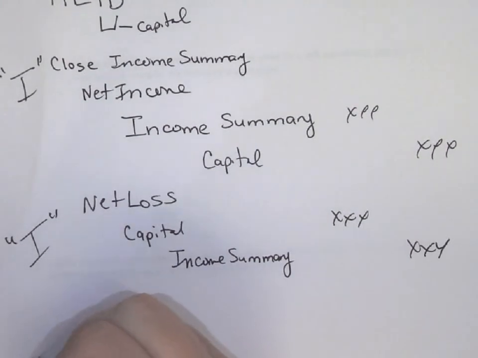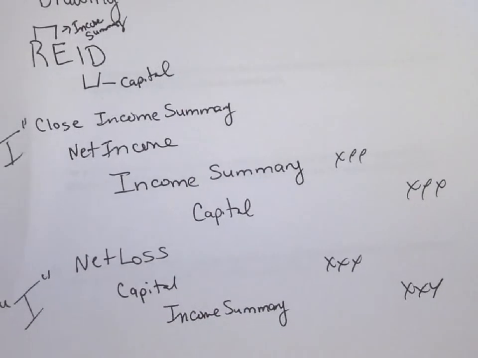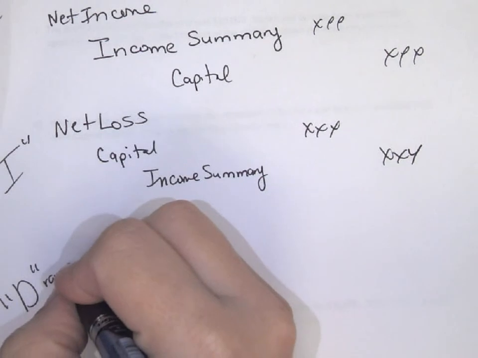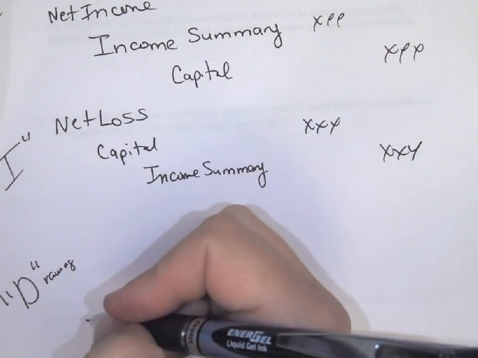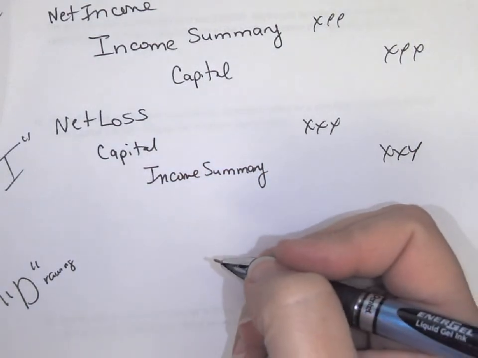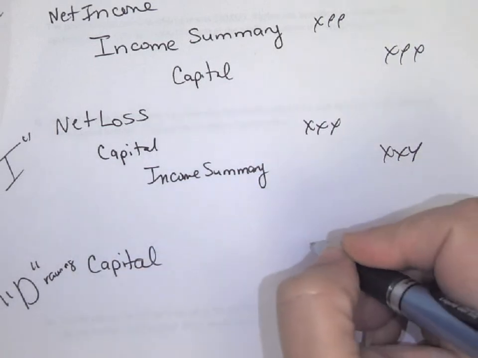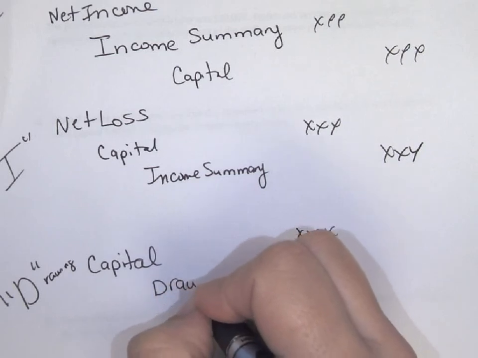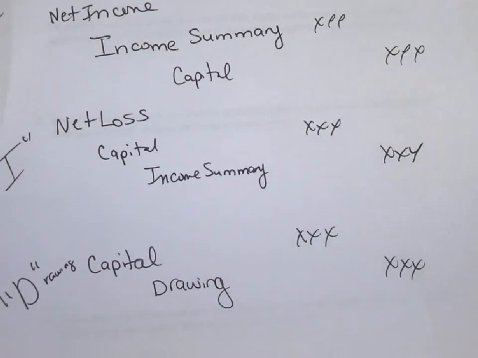The other thing I want to look at is the D. When we look at this D, that is the drawing account. And if you remember back to Principles 1, what we had to do was close that to our capital account. To make that happen, we would debit our capital account and we would credit the drawing account to make that balance out the way that we need it to.